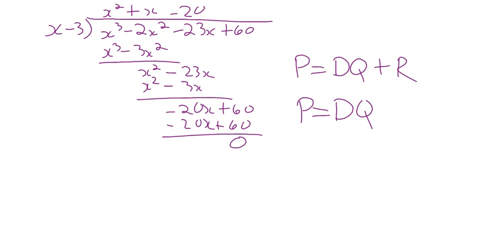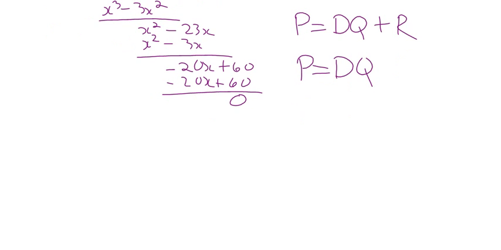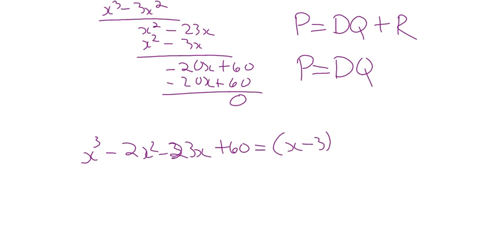Which means that we could then write x cubed minus 2x squared minus 23x plus 60 is equal to x minus 3 times x squared plus x minus 20.